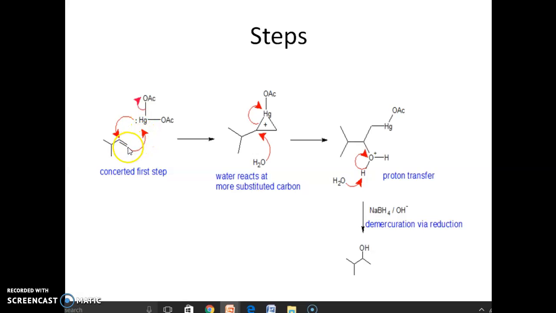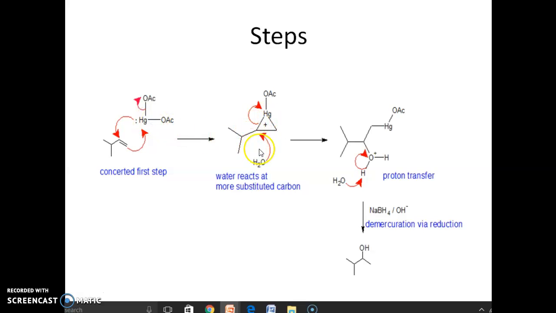The pi electrons are transferred here. The lone pair of electrons from the mercury are transferred to form a complex shaped mercurium ion with the elimination of one acetate group, leaving one acetate group with the mercury.